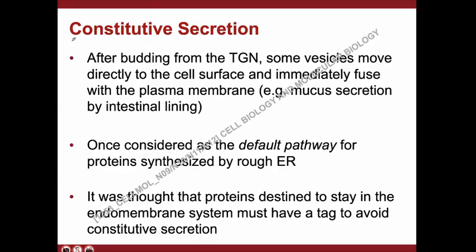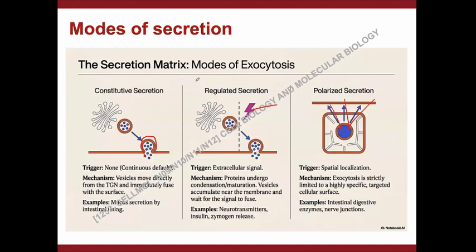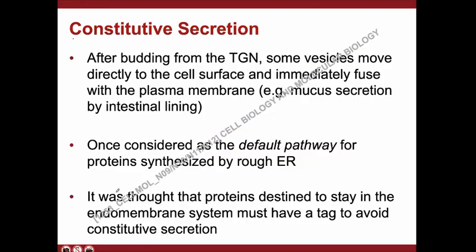So this whole process is unregulated. It is continuous, independent rather, it is independent of external signals. Because the one that depends on signals is regulated secretion. So constitutive is independent of any type of signal. So like we've mentioned, this example can be observed in the mucus secretion of your intestinal lining.